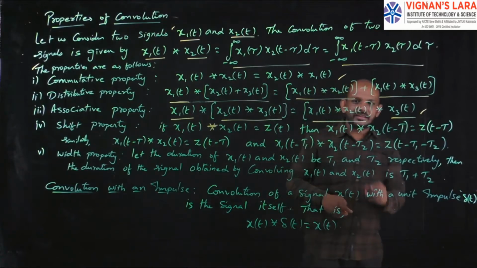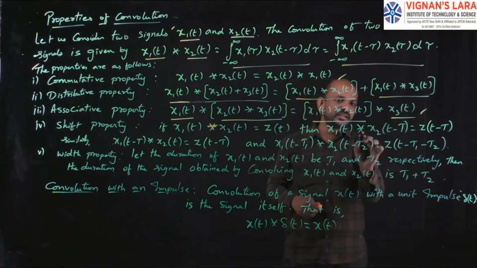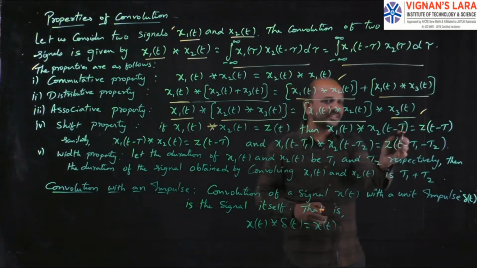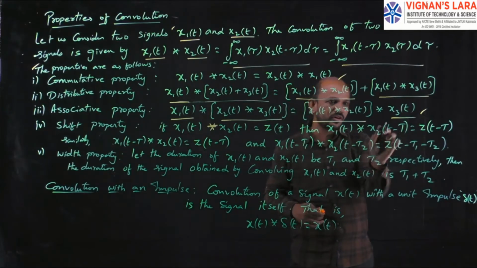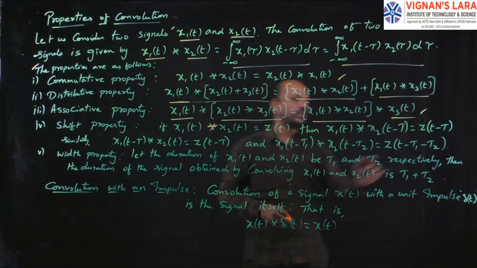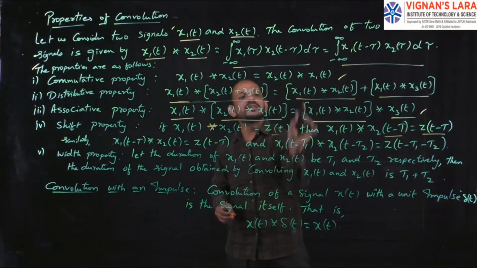Then x1 of t convolution x2 of t minus capital T, that is, delayed by capital T seconds, will be equal to z of small t minus capital T. That is, whatever shift occurred in the input, that shift will occur in the output also.